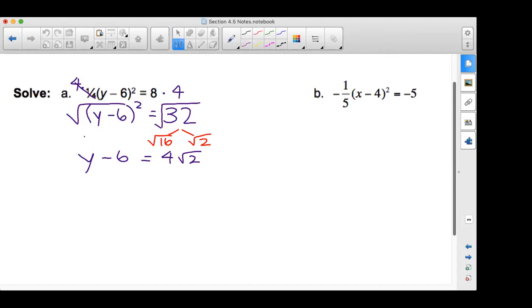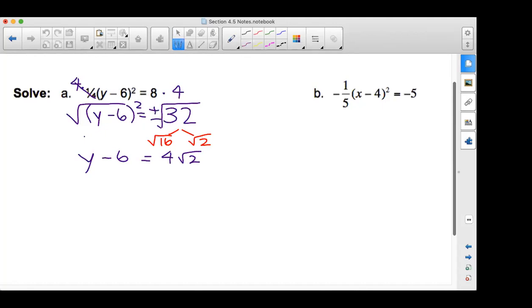Oh wait, before I move on, we have this variable here. When we are taking the square root when a variable is involved, it is not just root 32. We have a plus or minus.